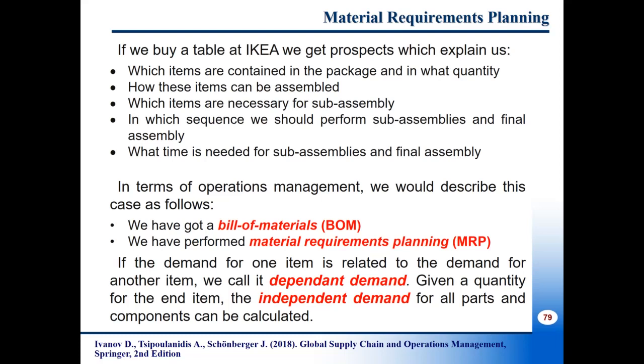From the example, we recognize that the demand for building a table depends on how many tables are needed. From the IKEA perspective, a major distinction in the way inventories are managed results from the nature of demand for those items.